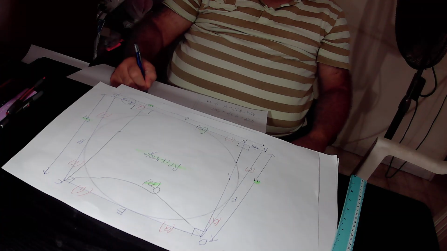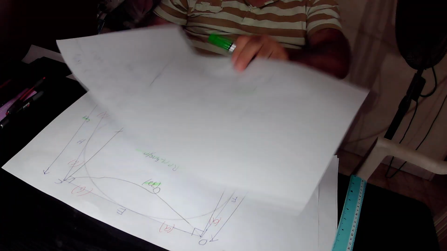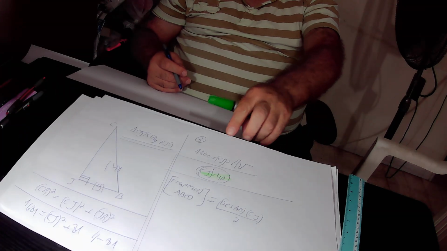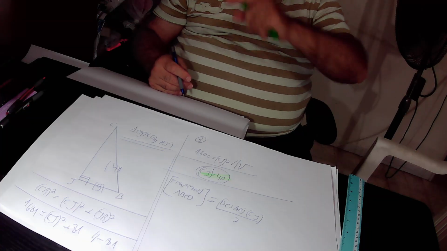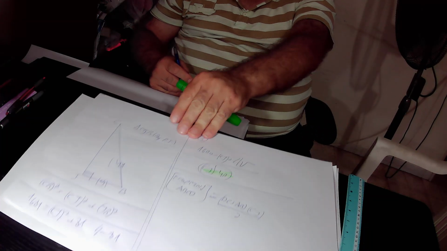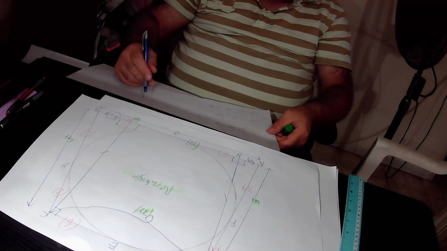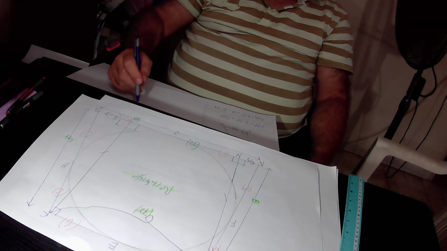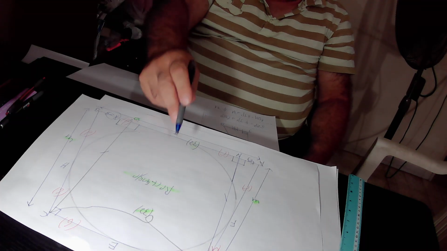But again, the area of this trapezoid ABCD must be equal to the sum of its two parallel bases, that is actually DC plus AB, times the height CJ over 2. So the area of trapezoid ABCD in total must be equal to DC is 32.